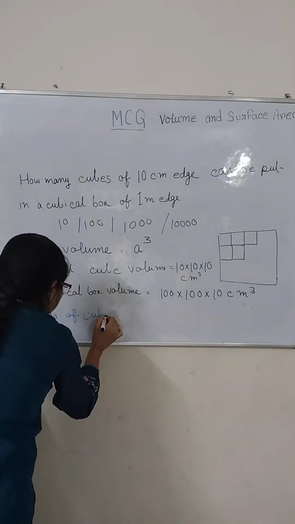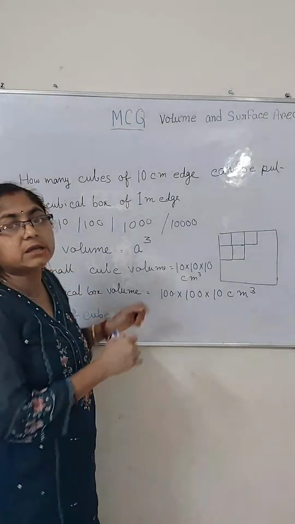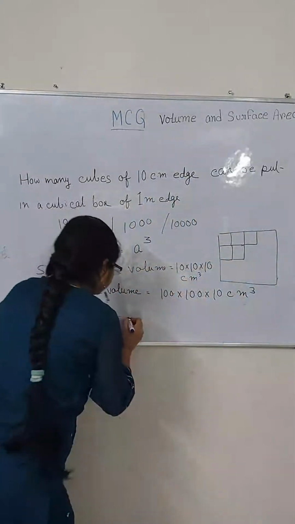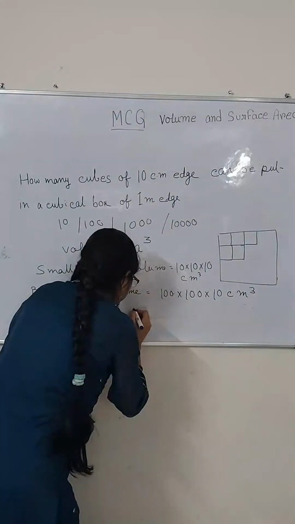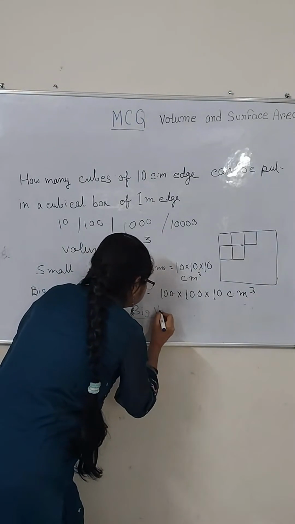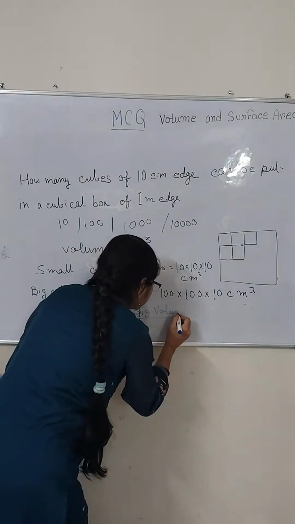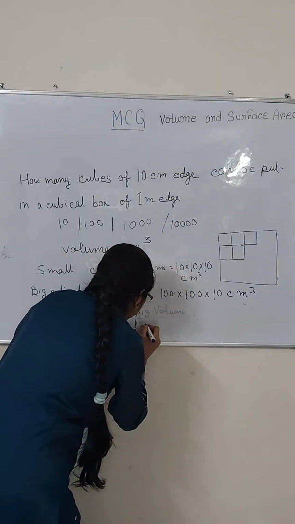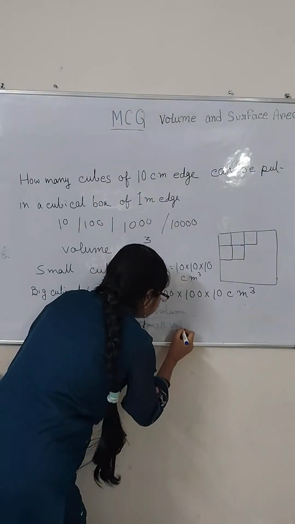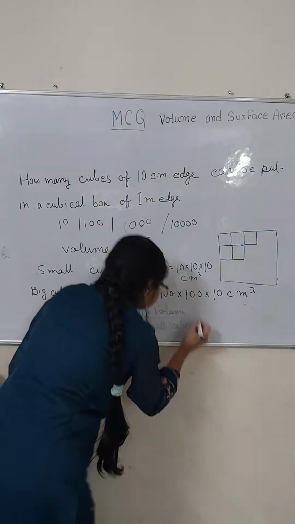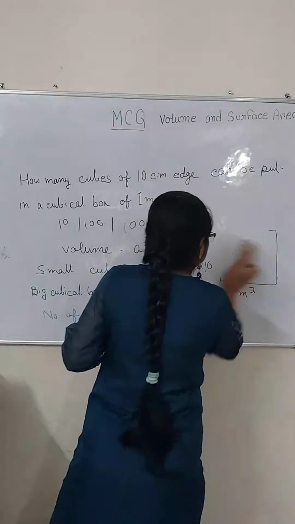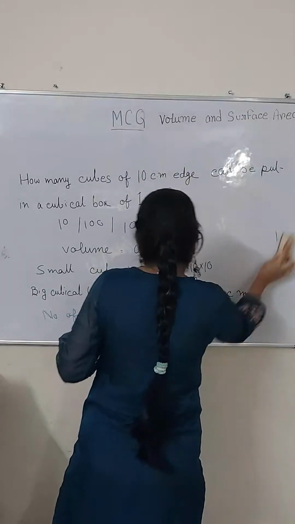Then the question: number of cubes you put in a big box. So how can I write? Big volume by small volume. What is our big volume?